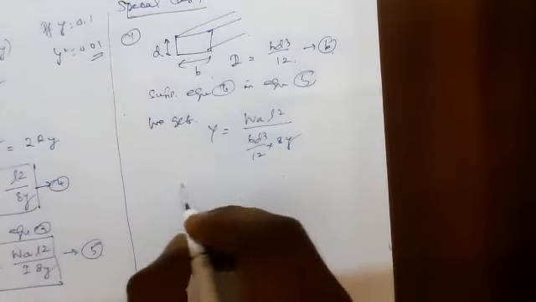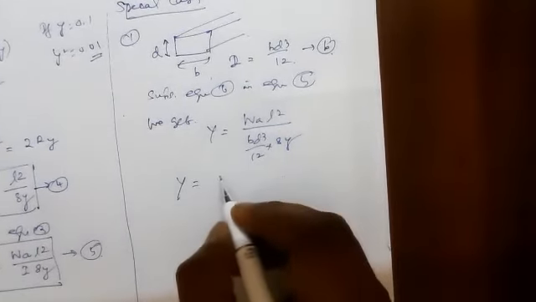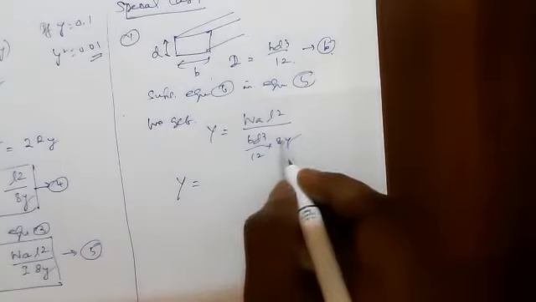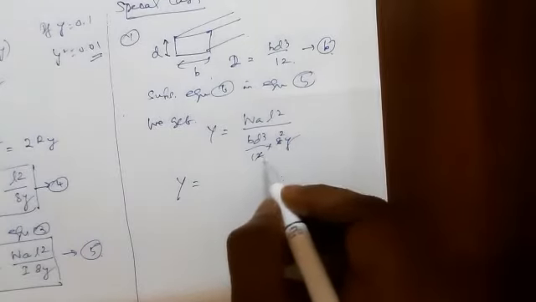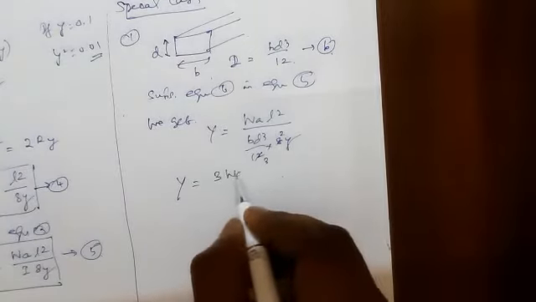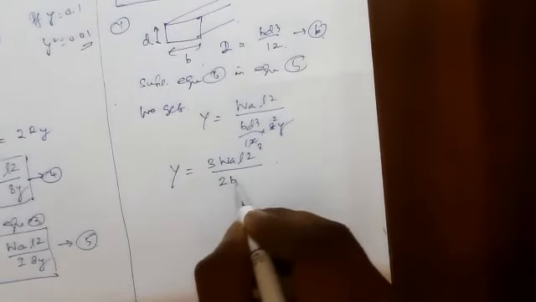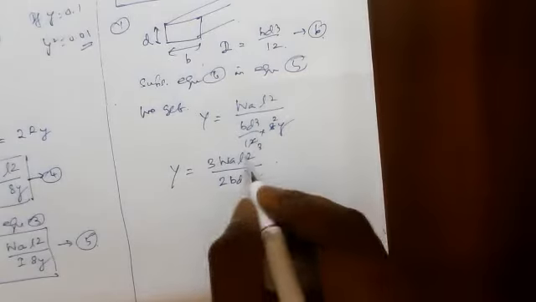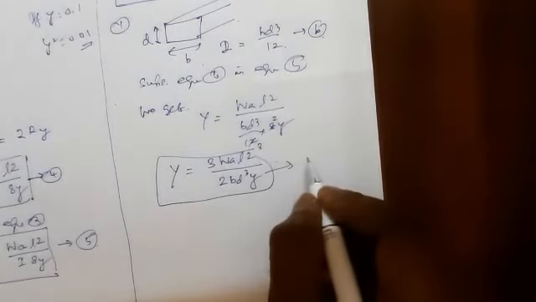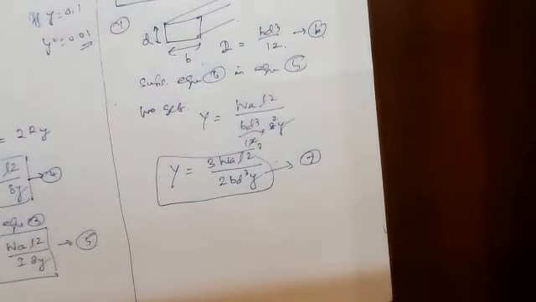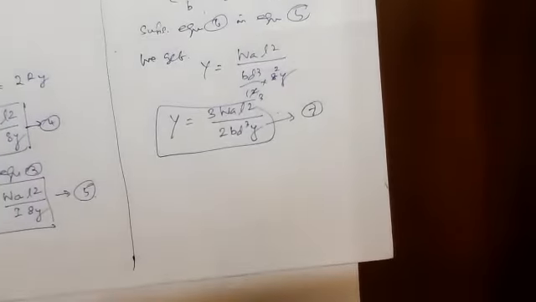We simplify this equation and get Y equal to 3WAL squared divided by 2BD cubed y. Equation 7 is the expression for Young's modulus of a rectangular beam.